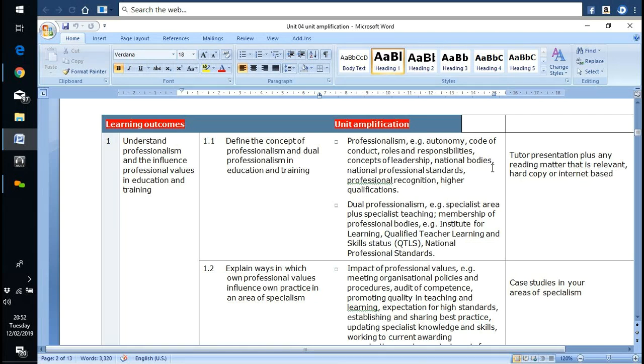Dual professionalism, e.g. specialist area plus specialist teaching, membership of any professional bodies, the Institute for Learning. That has sort of morphed itself into something different from what it started out as. Qualified Teacher Learning and Skills status, QTLS, which you can apply for after you've completed this course, by the way, Ben.